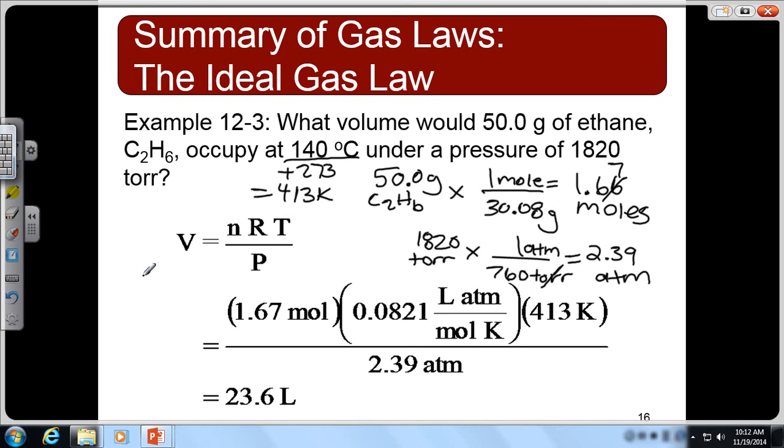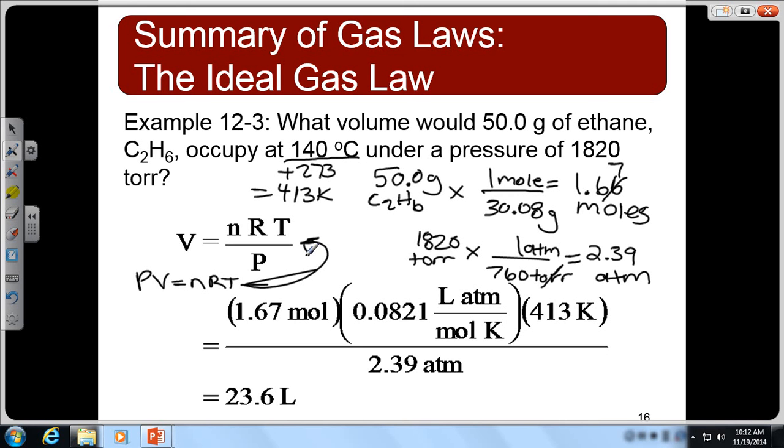So PV equals nRT. If we rearrange to solve for volume, that's what we get right there. Moles is 1.67, we found that. R is given to us; it's the universal gas constant. Here are the units. Our T is 413 Kelvin, and 2.39 ATM.